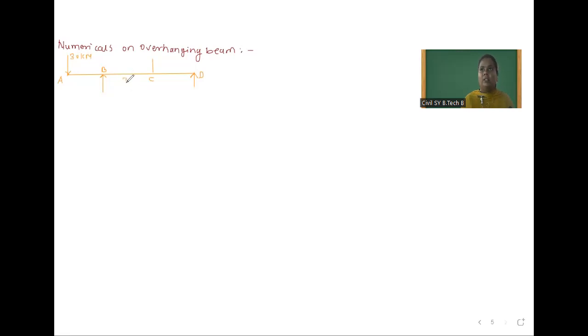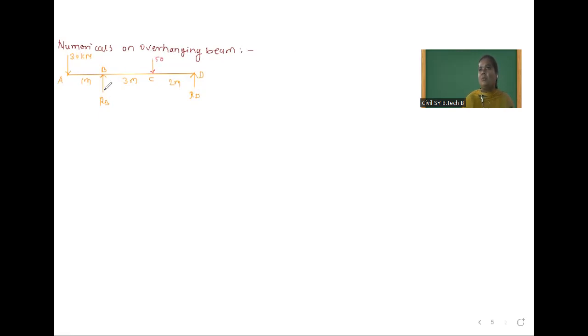This distance is 3 meters, this distance is 1 meter, and this distance is 2 meters. We will call the reaction at B as RB, and the reaction at D is RD. The same procedure we have to follow here also, and the intensity is 50.